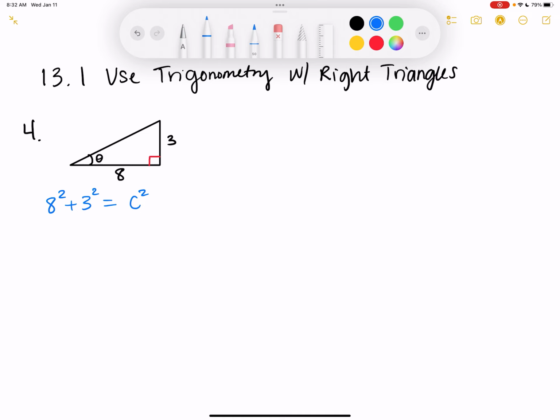So then we would just take the square root of this, which would be the square root of 64 plus 9, so the square root of 73. And we just leave it. We don't try to reduce it, we just leave it as the square root.